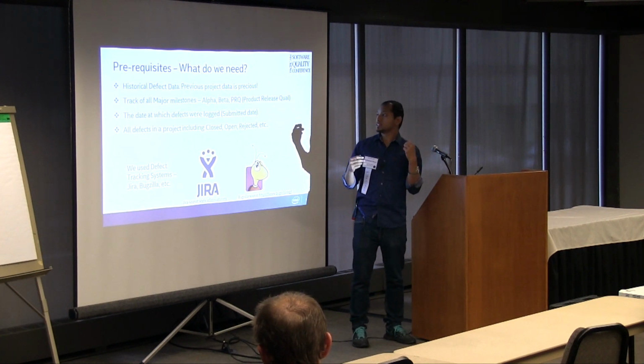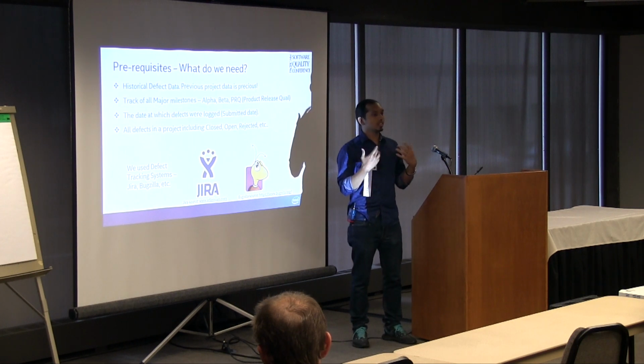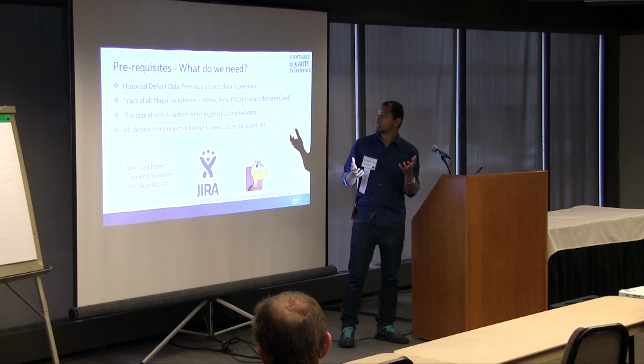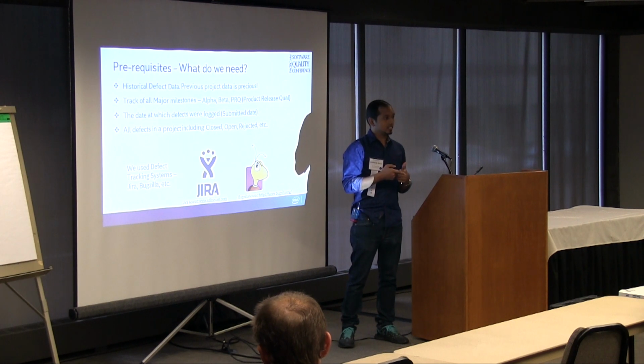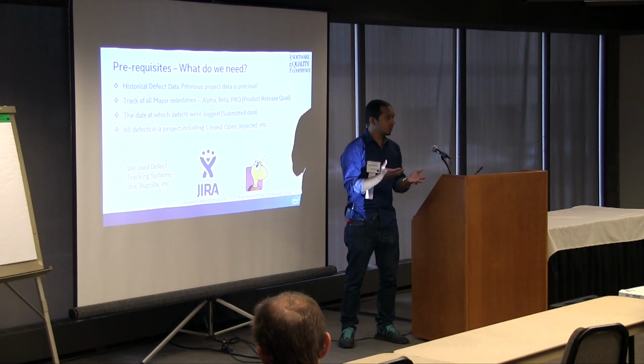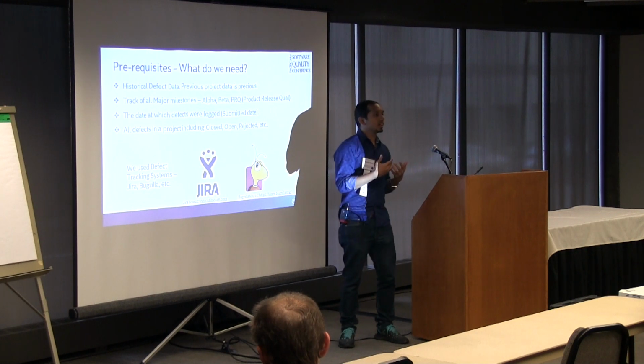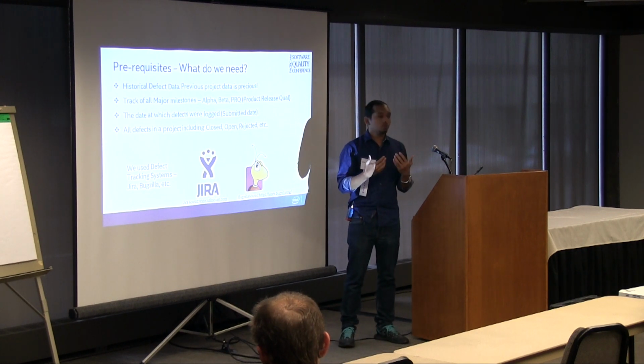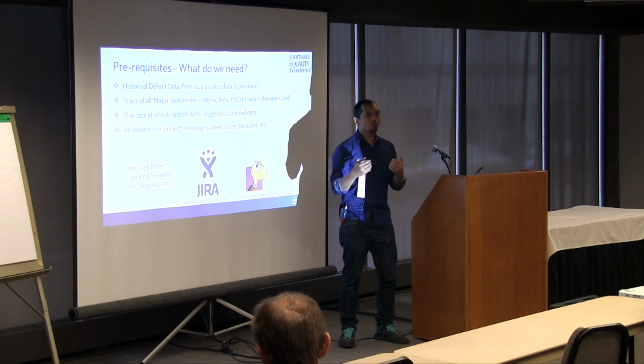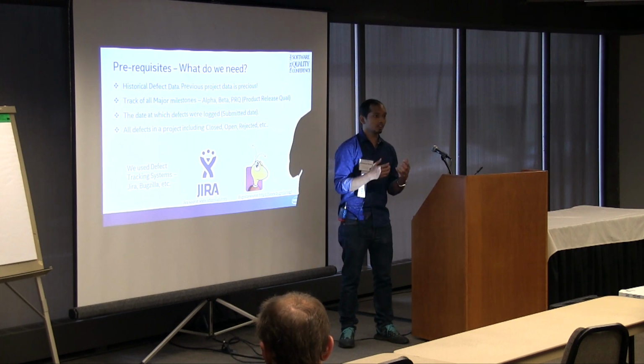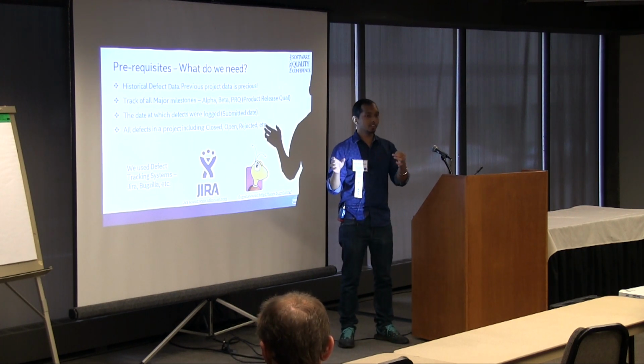The third thing is, in the historical defect data, we are only considering the defect dates, so what defects were logged at what time or on what dates, to be specific. We are doing that because we don't want our system to be overburdened with a lot of factors, like whether it was a high priority or critical defect.